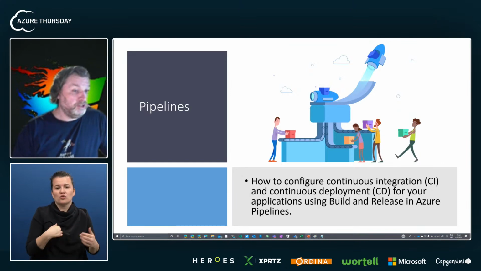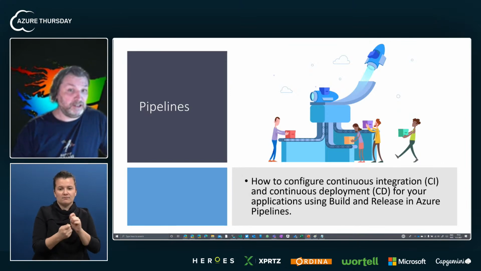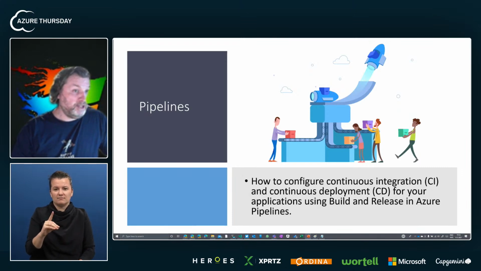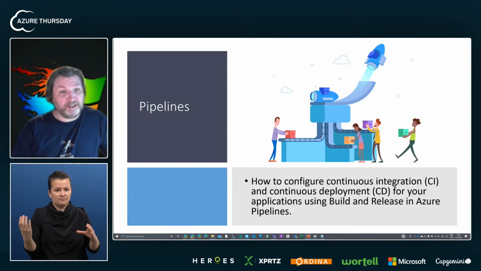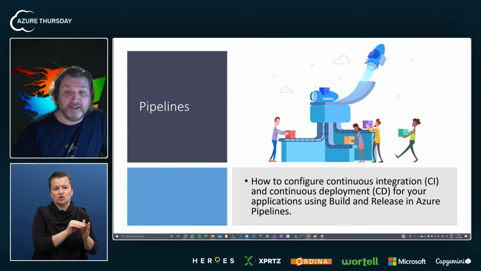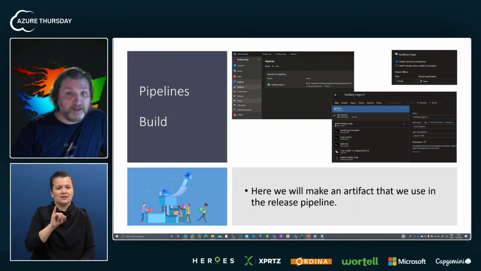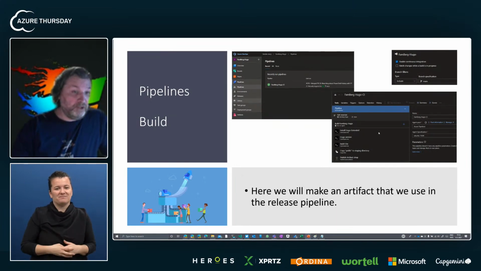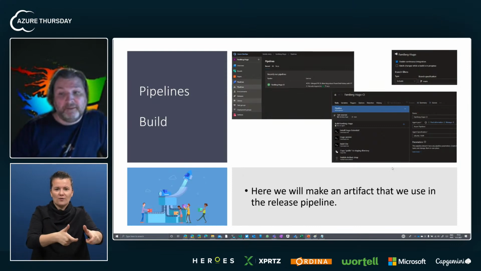Then I run Hugo to make the HTML content, and with that I get an artifact. It's a zip file where all the information is in it, and all these steps happen in the build pipeline.